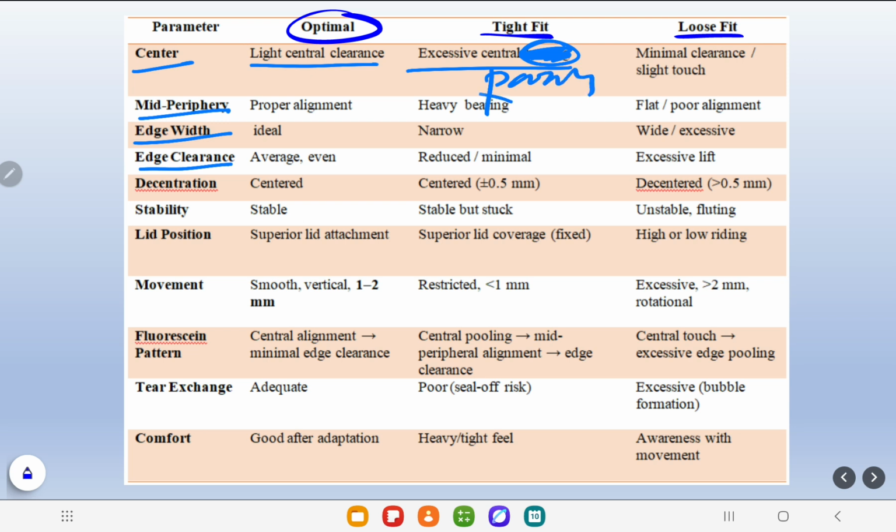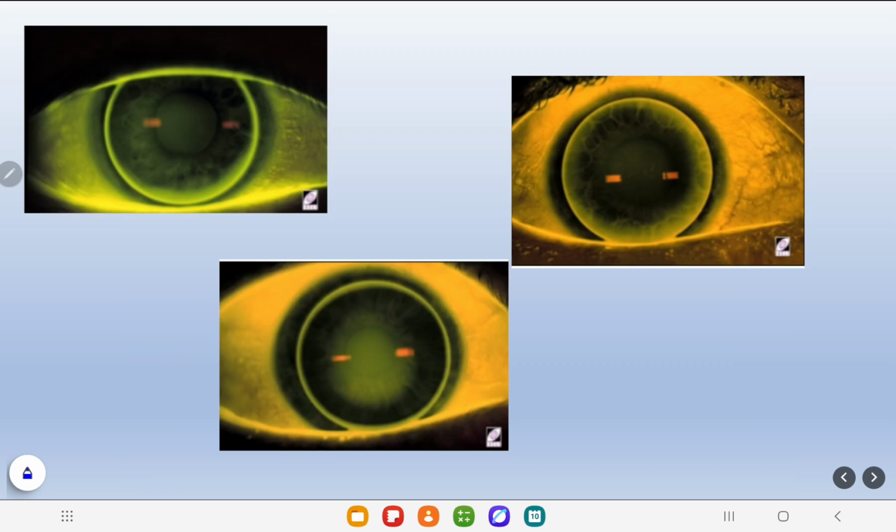At the same time, mid periphery in tight fitting has heavy bearing. For example, in this picture, the center is heavily pulled, the mid periphery has heavy bearing, and the edge is extremely thin.